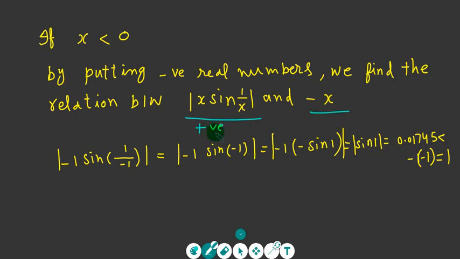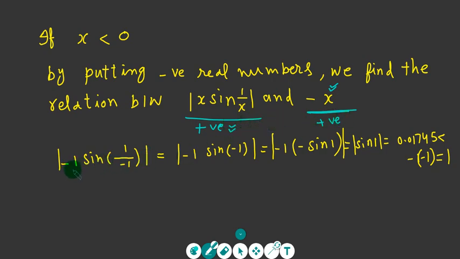This is a positive quantity, so we should try to find the relationship with a positive quantity. As x is negative, for making it positive we multiply by minus. In this way this is also positive. We want to find the relationship between two positive quantities.